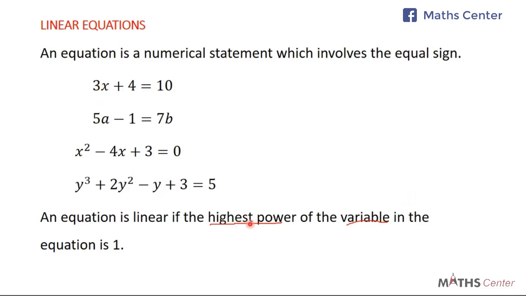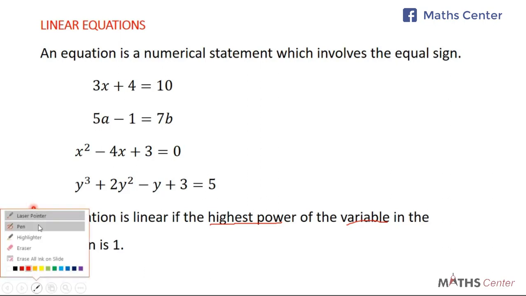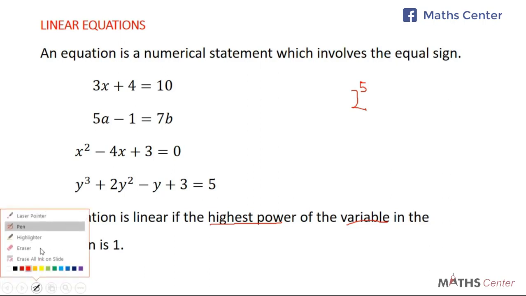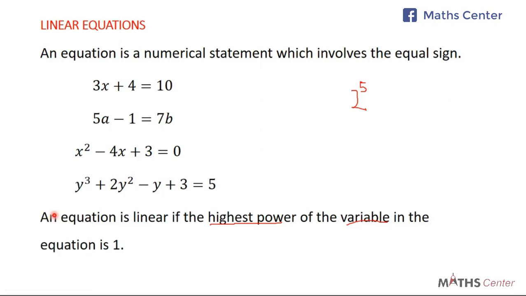So we've seen what a variable is. Let's move on to the next term, which is the highest power. We learned from indices that if we write a number, say 2 with 5 on top of it like this, we call 2 the base and 5 the exponent, the power or the index.